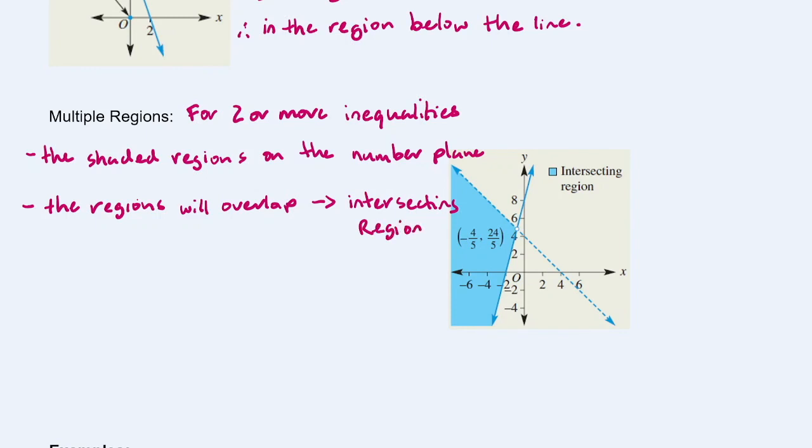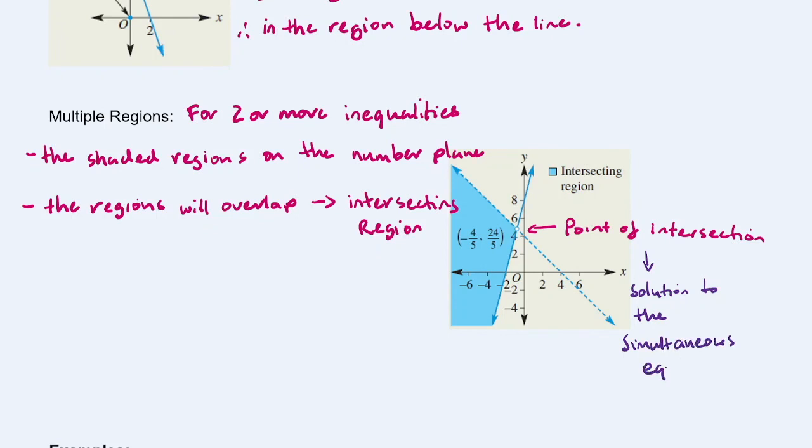The actual point of intersection will be the solution to the simultaneous equations or inequalities.